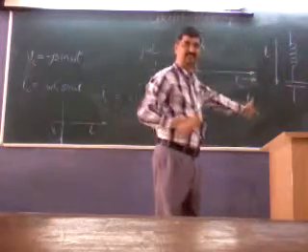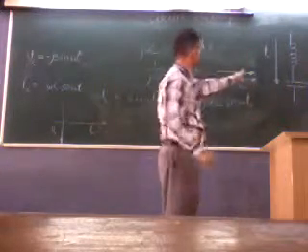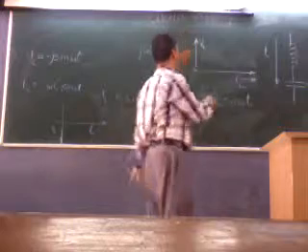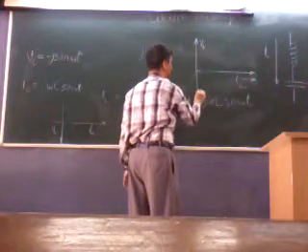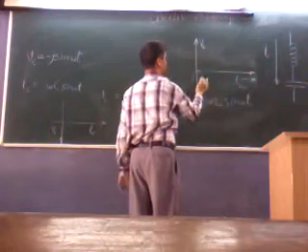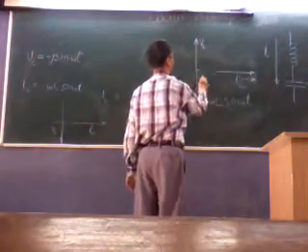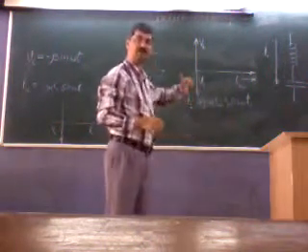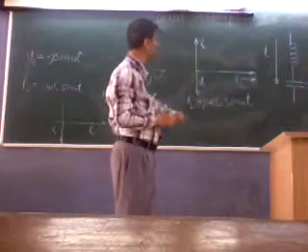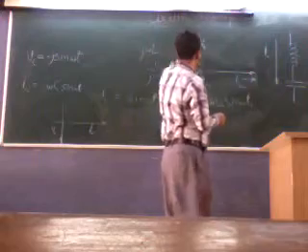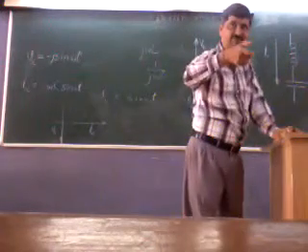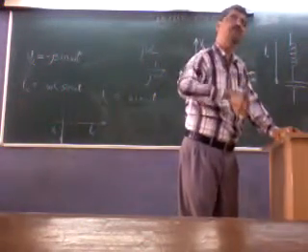Then if I have got an LC series circuit, then I is common. So with respect to I, VL will be on this side, VC will be on this side. Right? VL and VC. So effectively what will be there? Now either both may be the same, or VL may be more, or VC may be more.